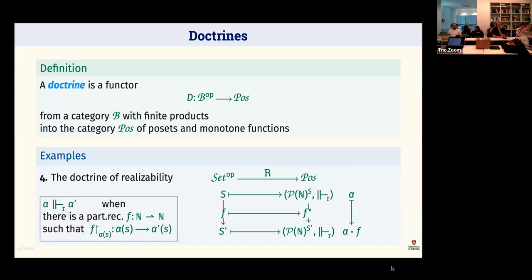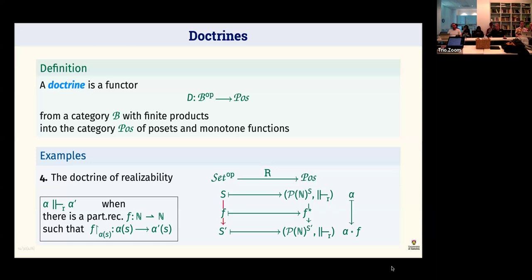A proof of an implication of psi from hypothesis phi should be a machine, a partial recursive function, which takes any reason to believe phi to a reason to believe psi.